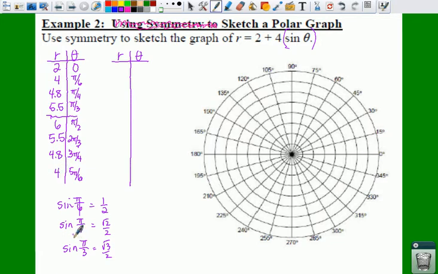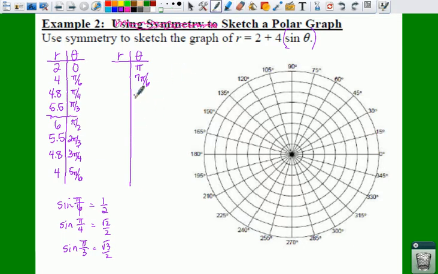Excellent. You can notice some symmetry by your table, or some patterns by your table. Let's go with the third and the fourth quadrant now. So let's say at pi, then we have 7 pi over 6, and then 4 pi over 3. Then we have, what, a 5 pi over 3? No. I put these in the wrong order.